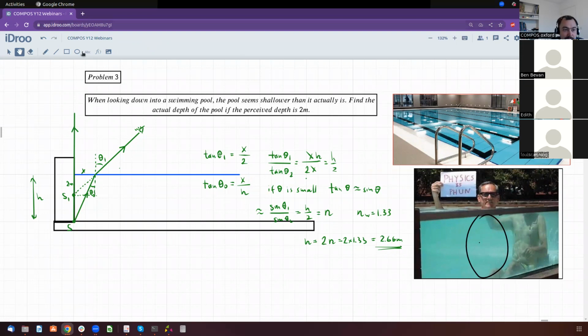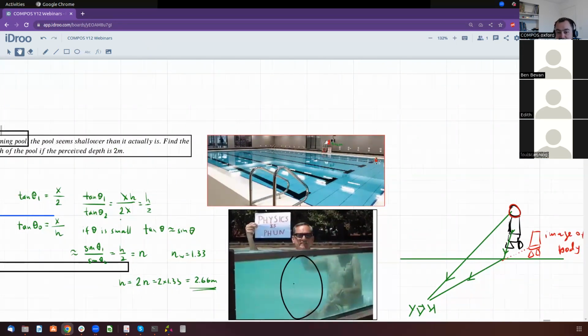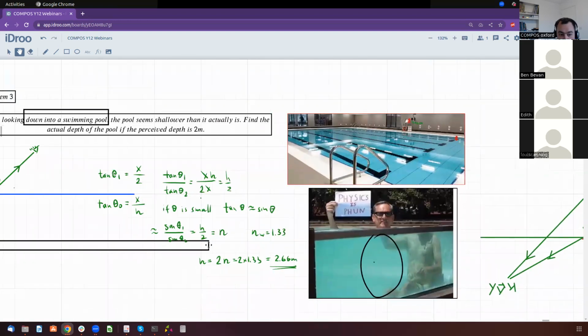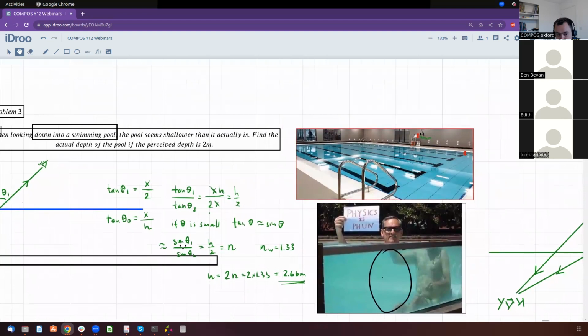This does not apply to the diagram that I have drawn, because here the angle is really, really big. And you cannot use the sine. The maths becomes way more complicated. So you would need to know the angle at which you're viewing.